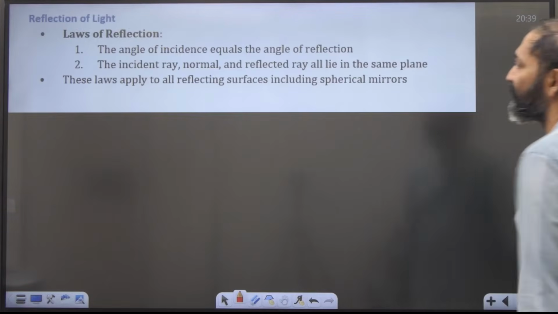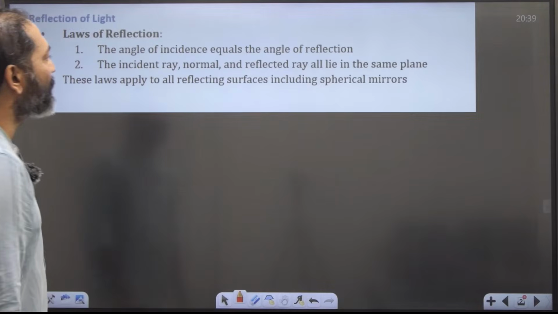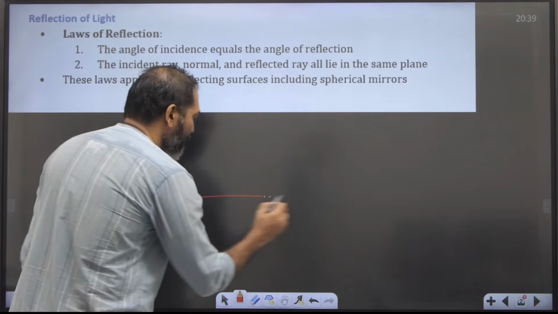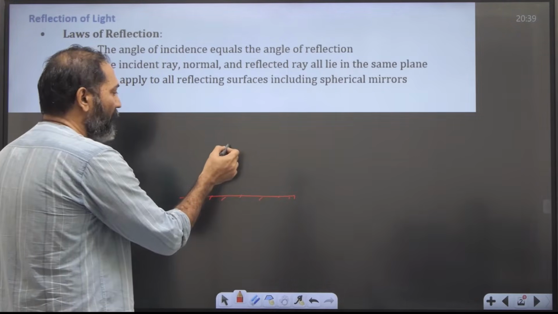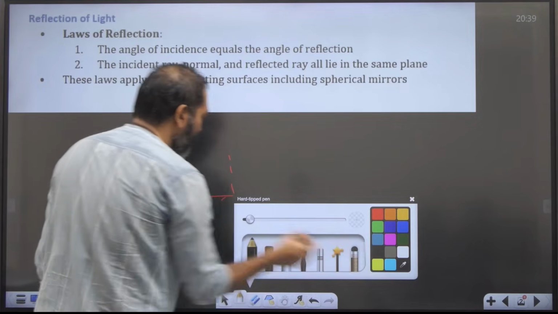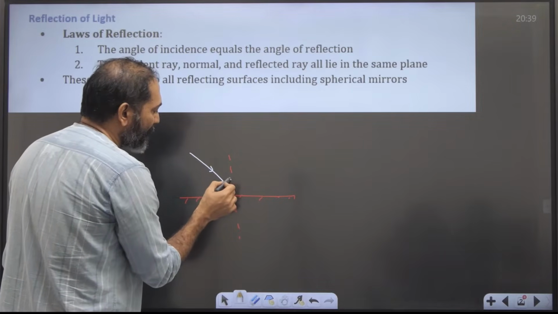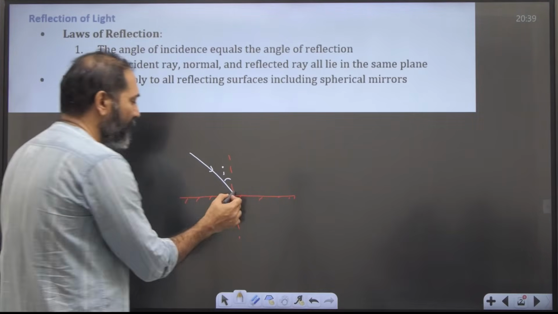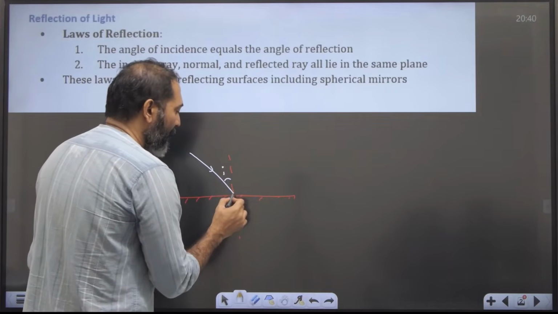So we will move to the next slide. Laws of reflection. The angle of incidence equals the angle of reflection. Suppose this is a reflecting surface and this is the normal. This is the incident ray. The angle between the incident ray and the normal is the angle of incidence, angle I. This is the reflected ray.